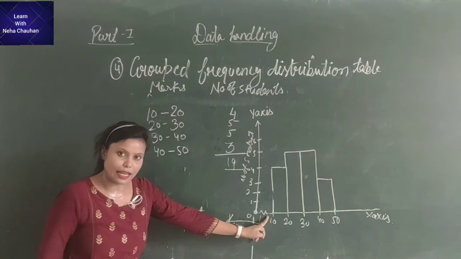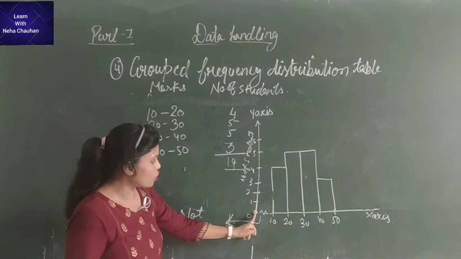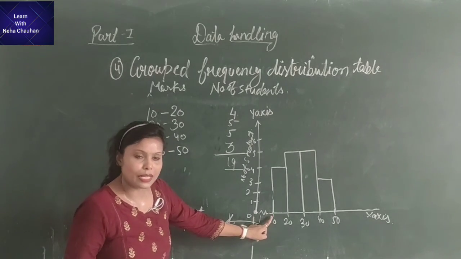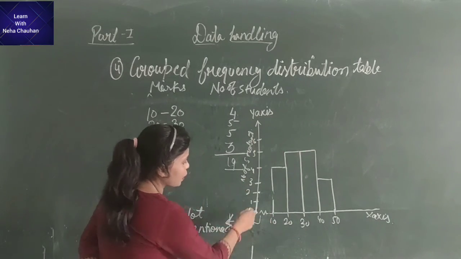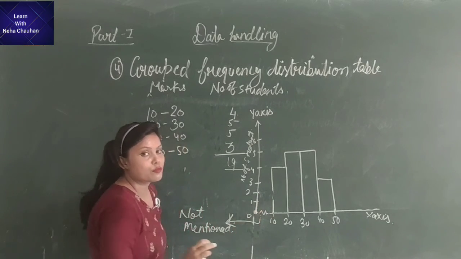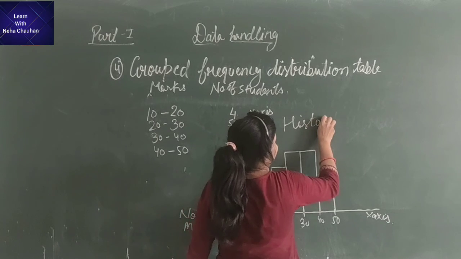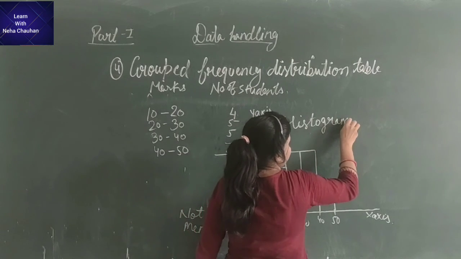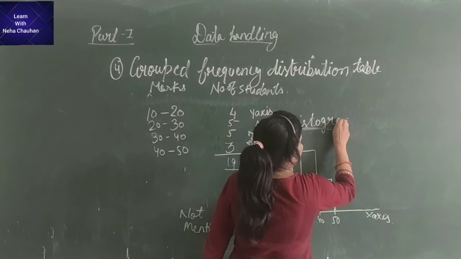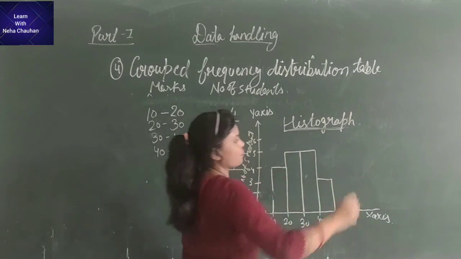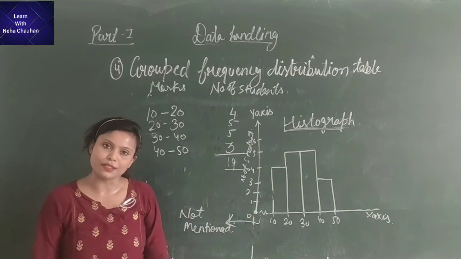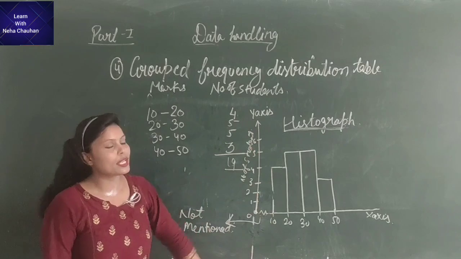This zigzag line shows that the data before 0 to 10 is not mentioned, and this graph in which the starting data is missing is known as histogram. Alright. So this was all about the graphs.